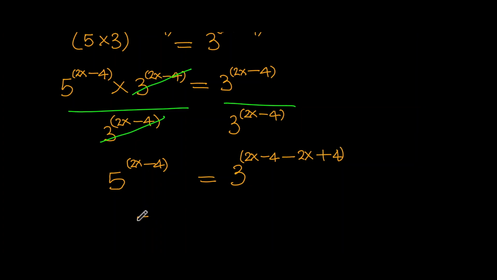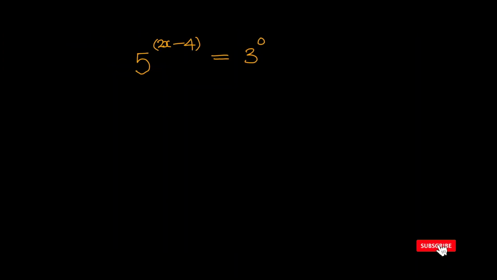Therefore, we can rewrite our left hand side, and we have 5 exponent 2x minus 4 is equivalent to 3 exponent 0. And again, we know any number raised to 0 is 1. Therefore, we have 2x minus 4. This is equivalent to 1.